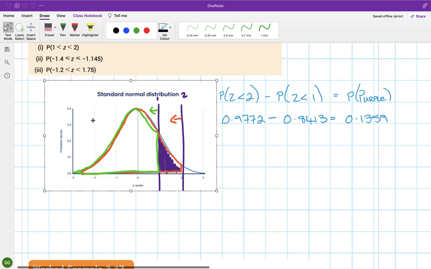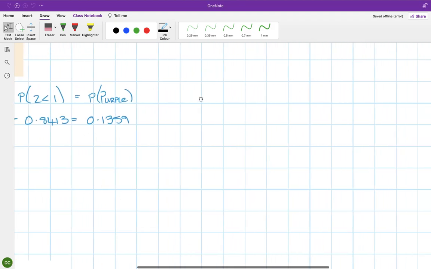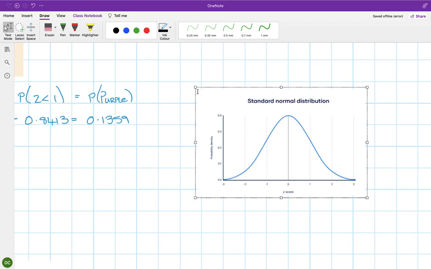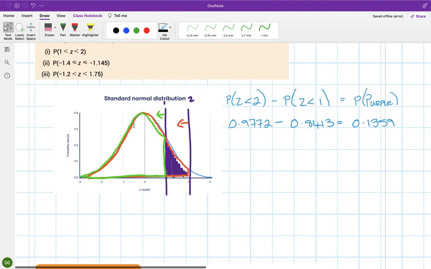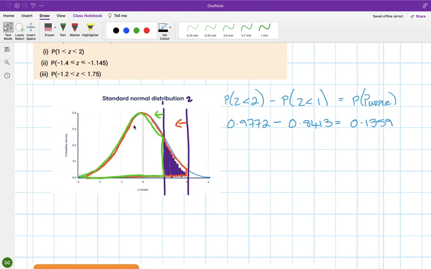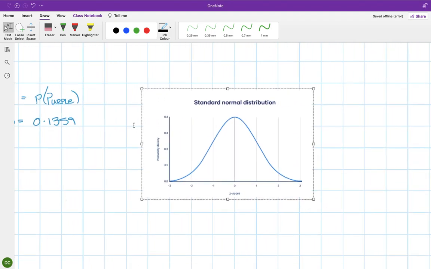I'll do the last one for no reason except that it's got some minuses in it, so it's a little bit different. So minus 1.2 is about there.